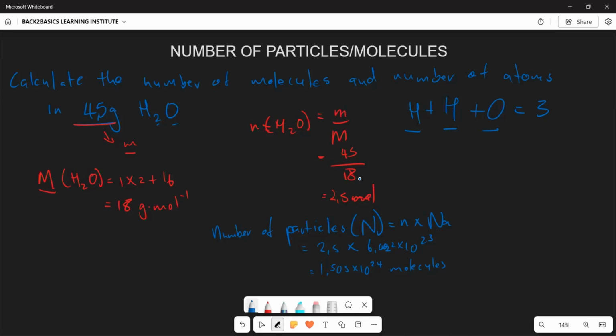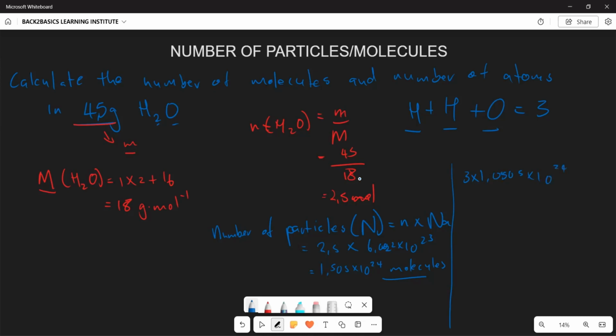So after you got the number of particles, you are going to multiply 3 by the value that you just got, which is 1.505 multiplied by 10 to the power of 24.